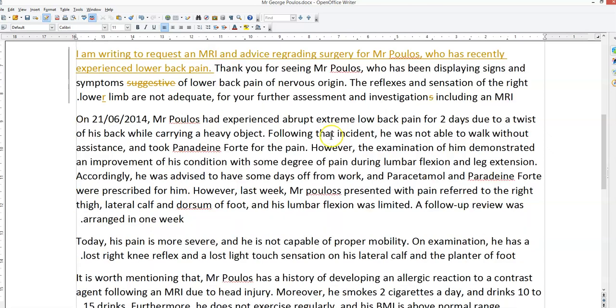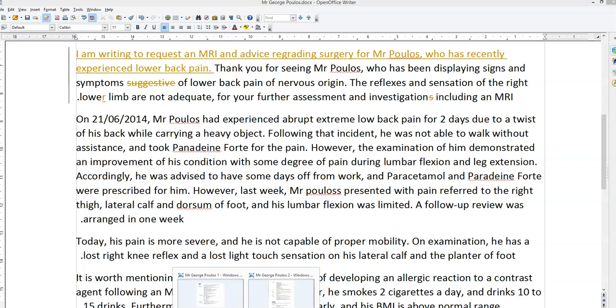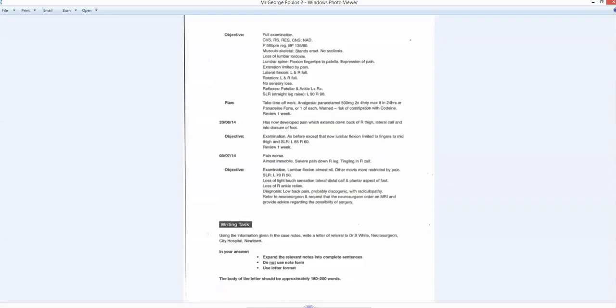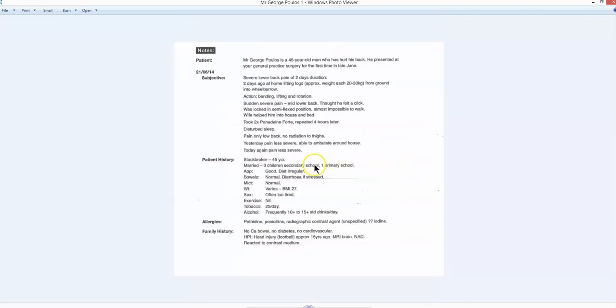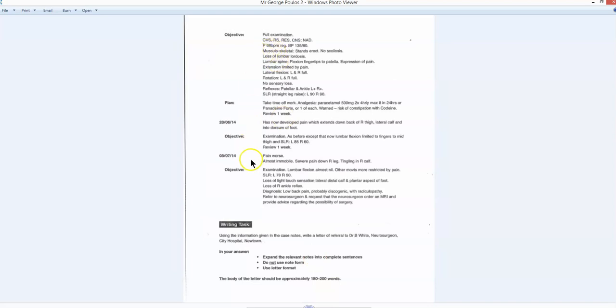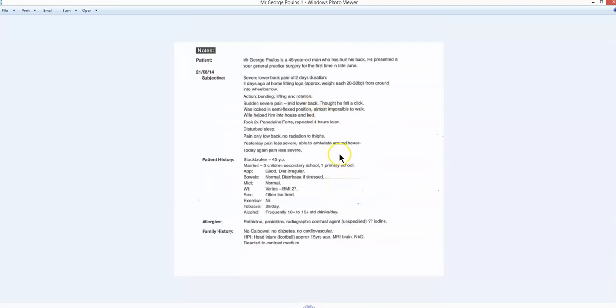Now what you've got to do is tell me the narrative of how this came to be. Right? We want a logical chronology of information here. So let's have a look. So what don't we need? So first time in June. Okay, we got that. So it came to you 3 times. Okay. So 3 separate visits.